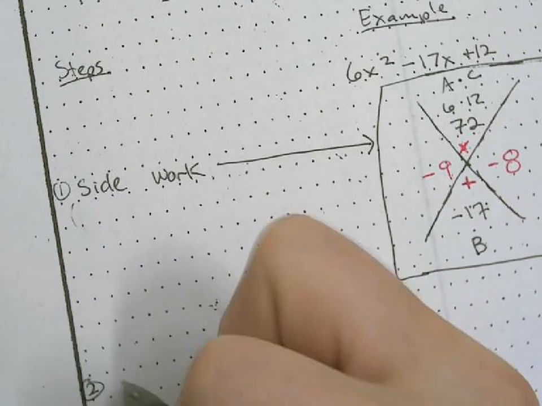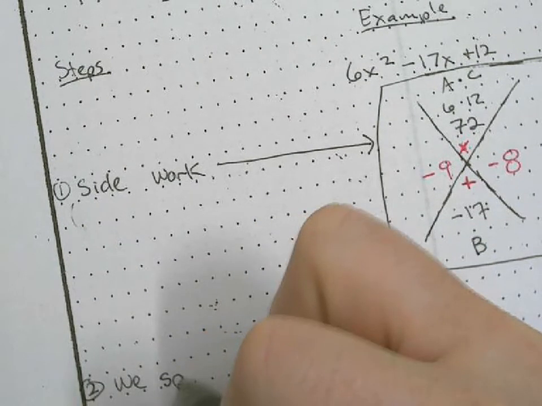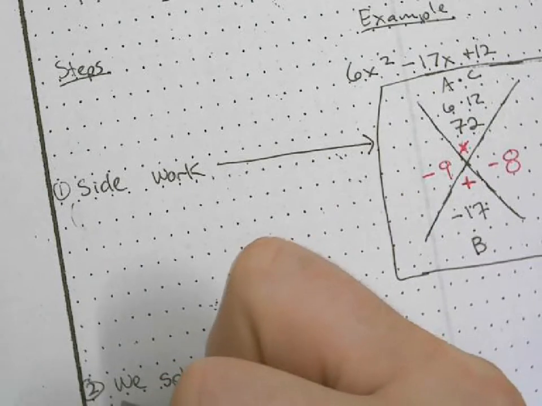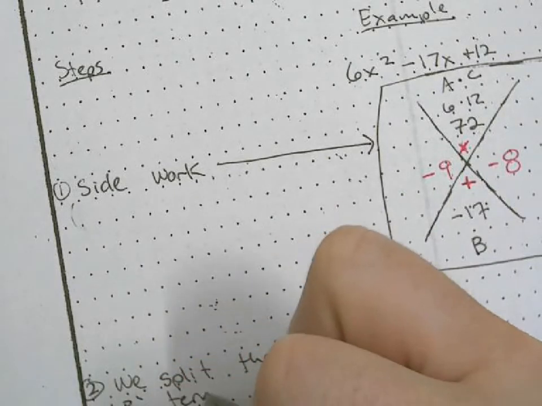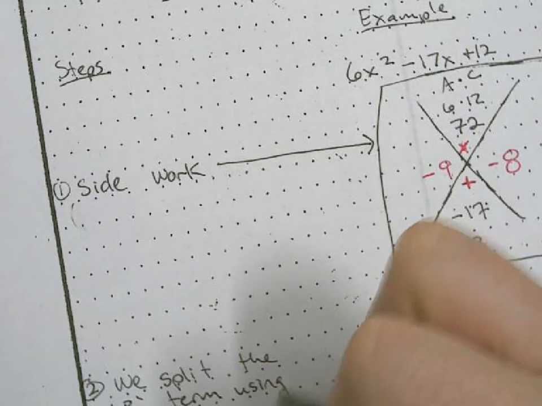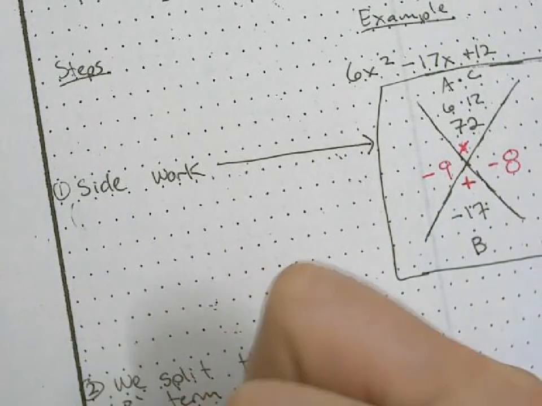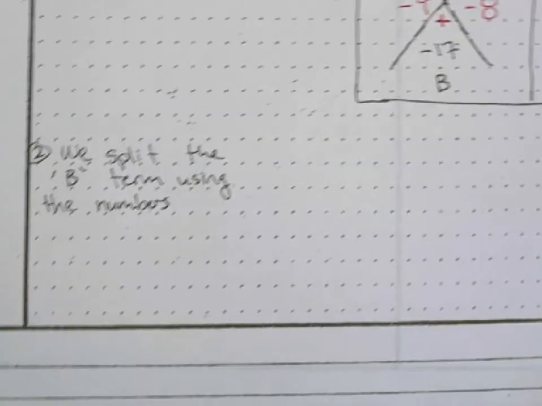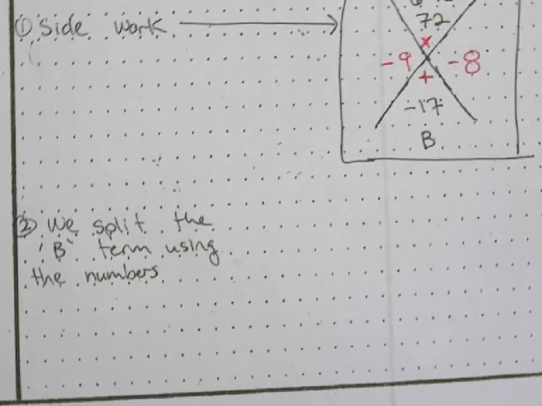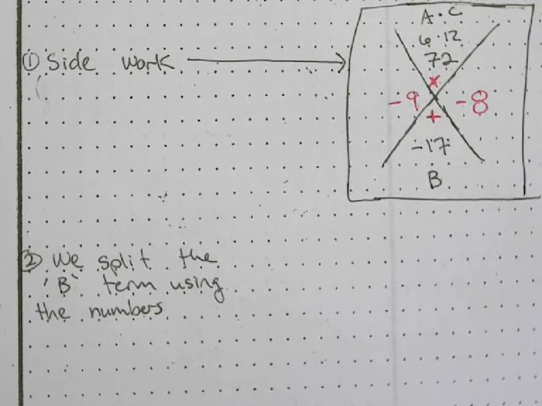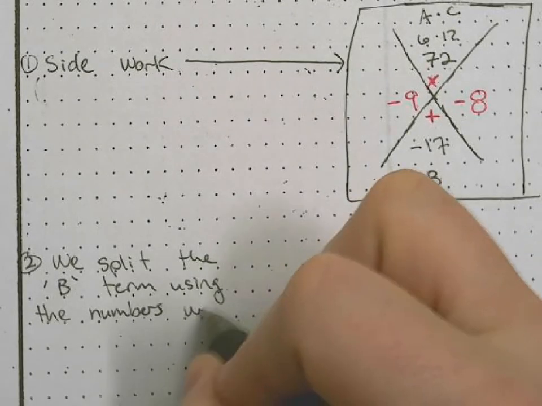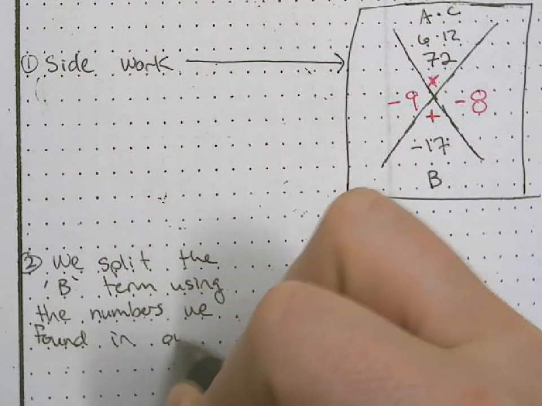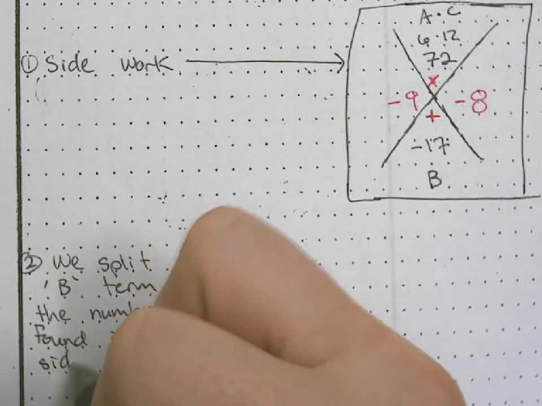Now step 2 is we split the b term using the numbers we found in our side work.